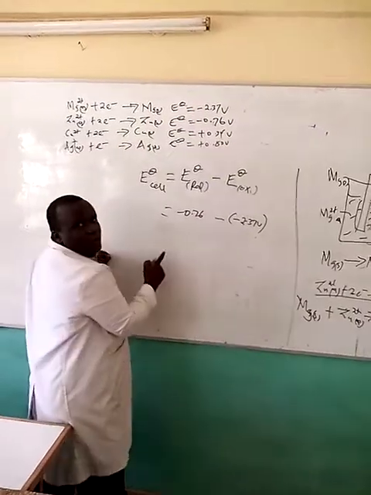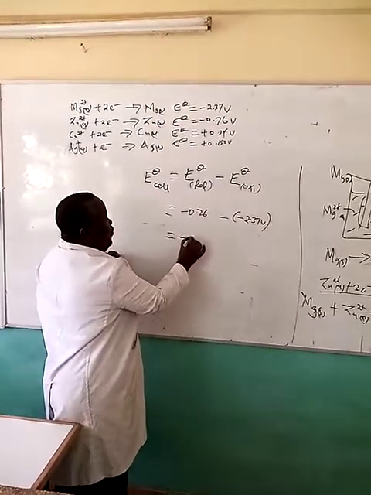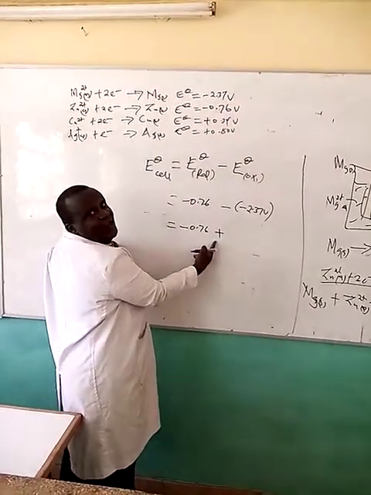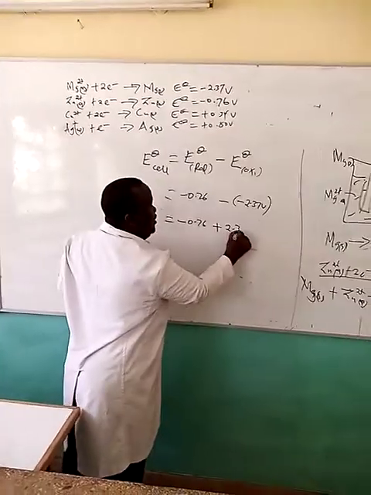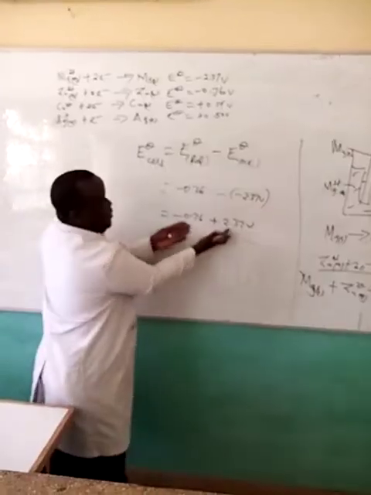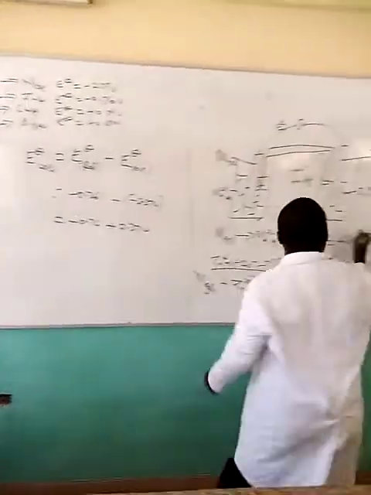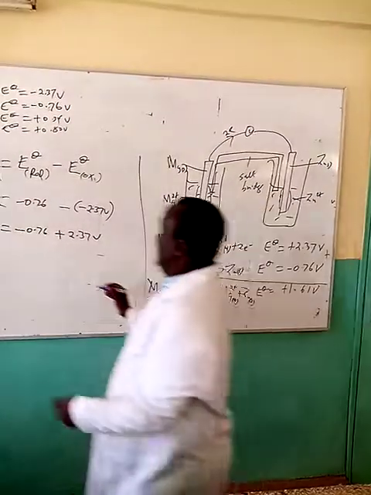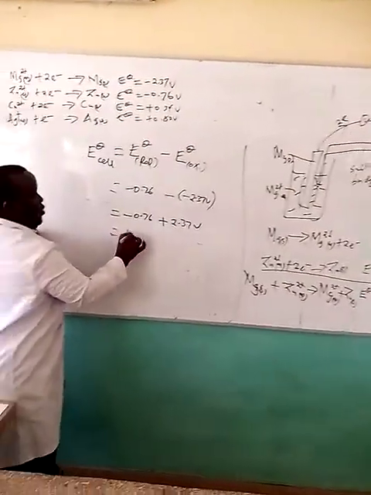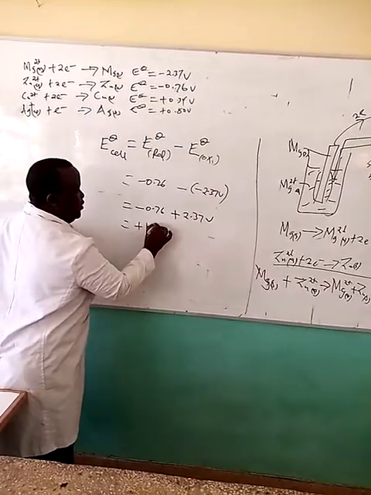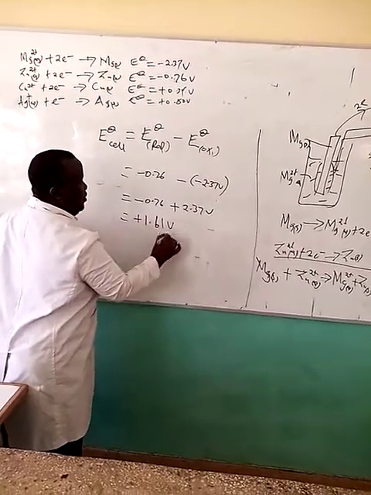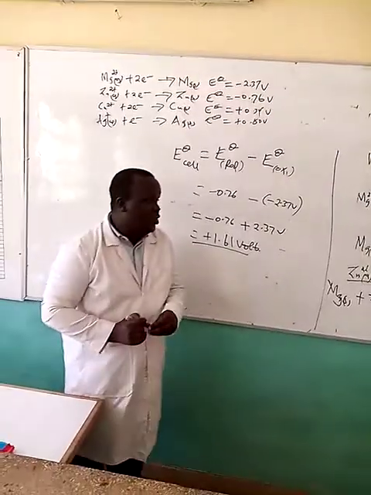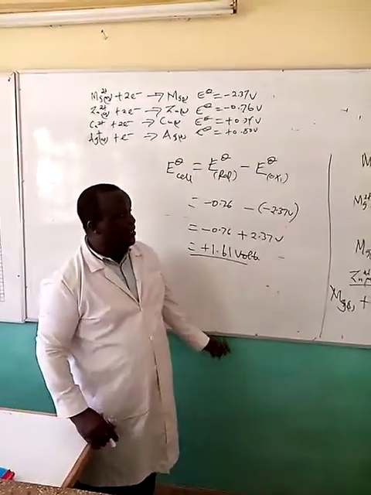So if you work this out, we shall have negative 0.76 plus, remember minus turns to be positive, 2.37 volts. This will lead us to the same answer, giving us positive 1.661 volts.